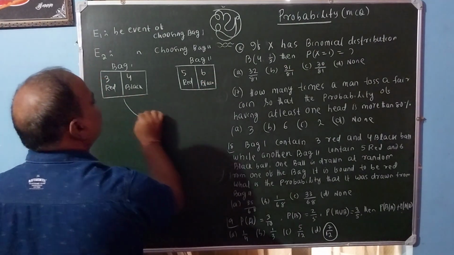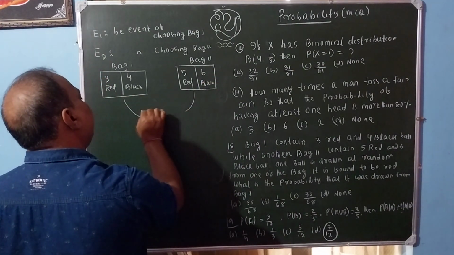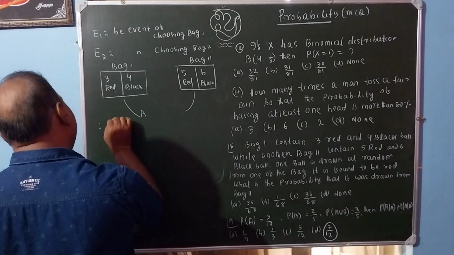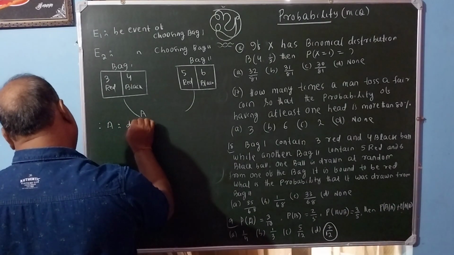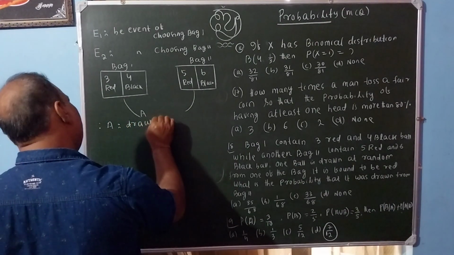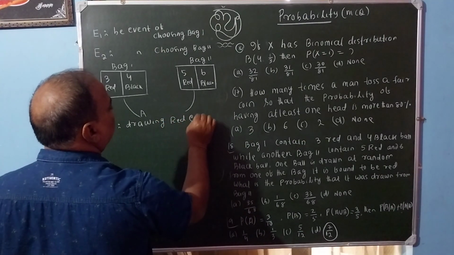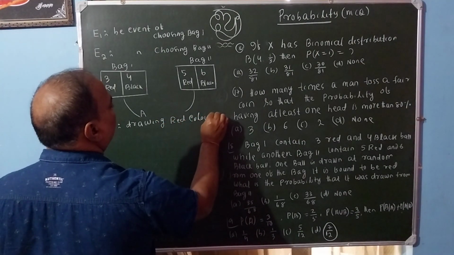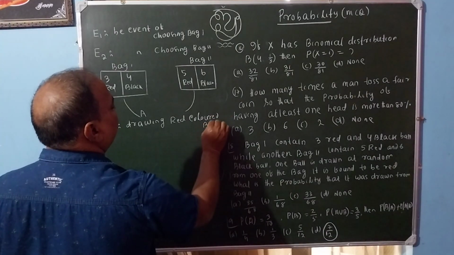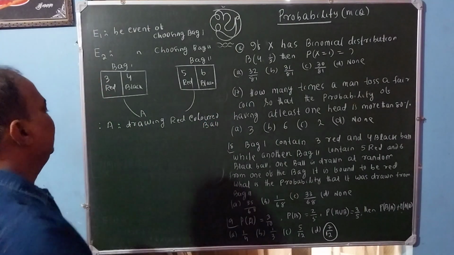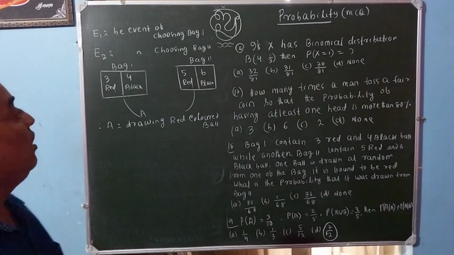Okay? A is drawing. A, write down. A is drawing a red color ball. A, we have to choose it. Drawing of a red colored ball.